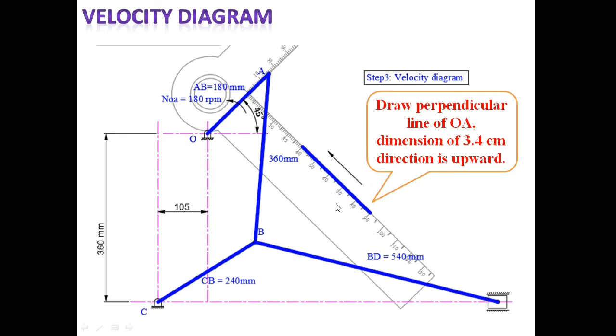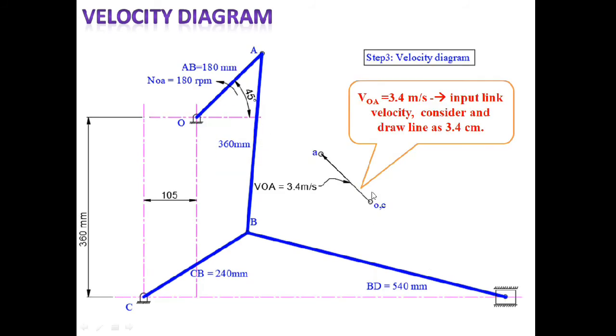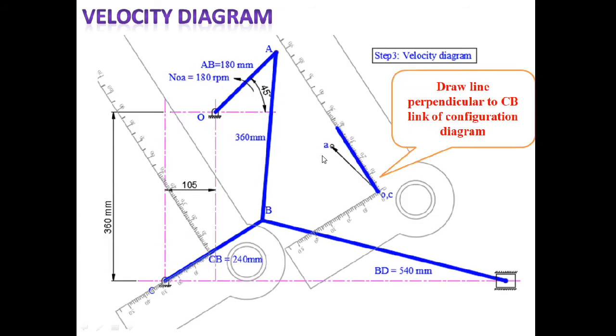So first of all, draw the line and mark the fixed point at the bottom. Now I mark the fixed point OC and put the length of 3.4 centimeter, and the point is named as A. Now put the scale parallel to CB and then draw the perpendicular line with CB, marked up to some value.